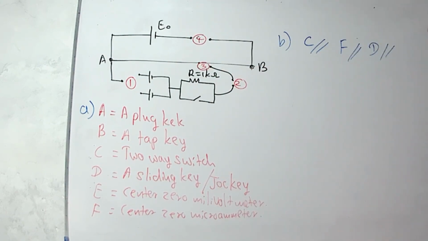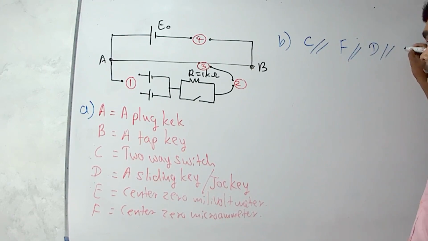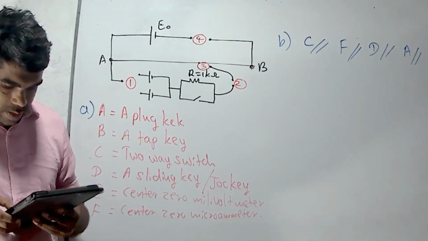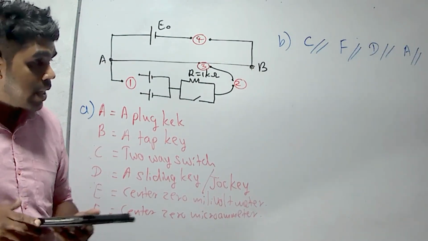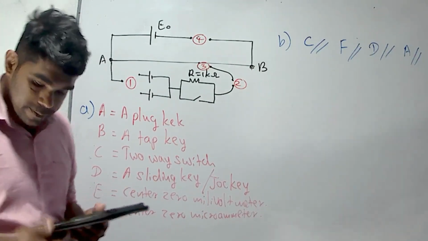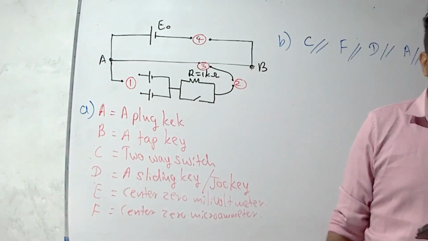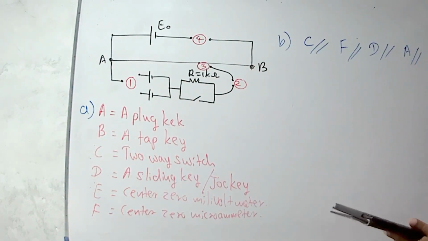Therefore, we can connect a plug key to space 4. Plug key means A. When the plug is connected, the switch is turned on, and when the plug is removed, the switch is turned off.